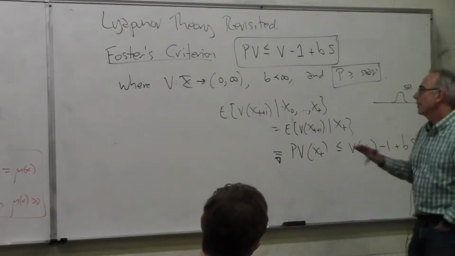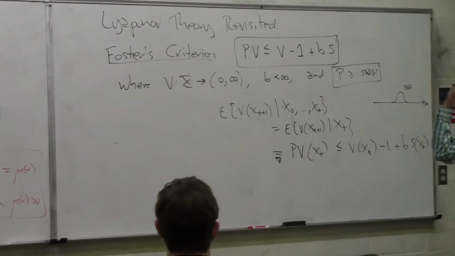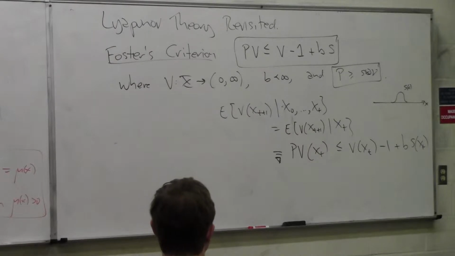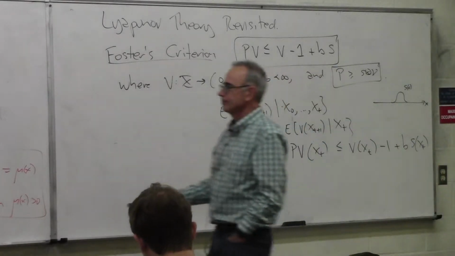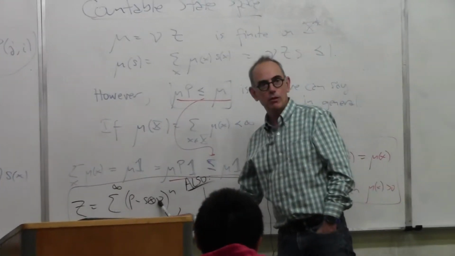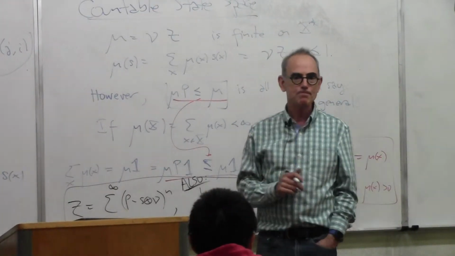All right, so that's sort of the way of thinking about this in terms of expected drift. But let's go and monkey around with our friend here and show we can get bounds on this.